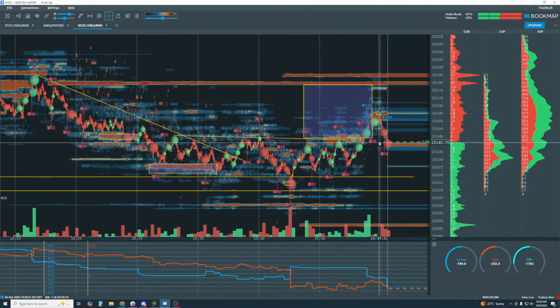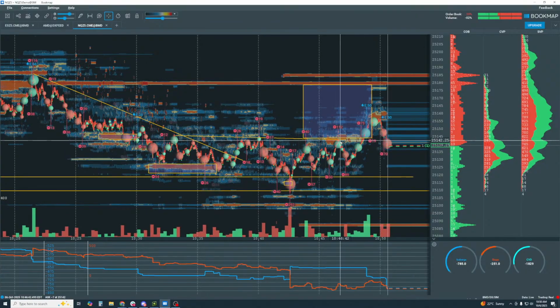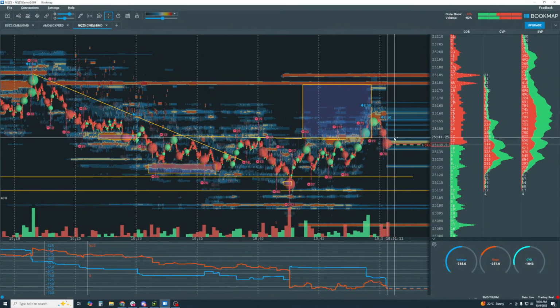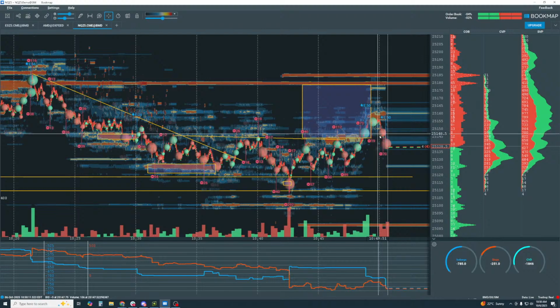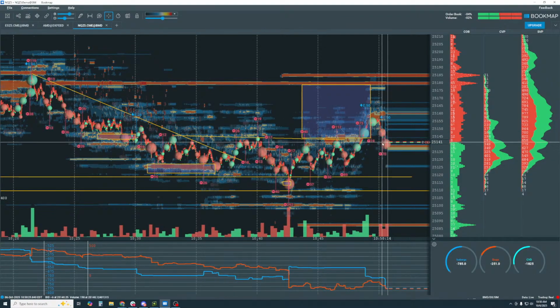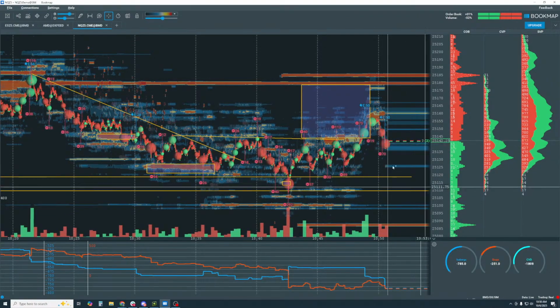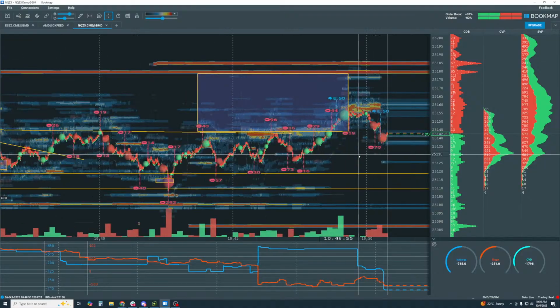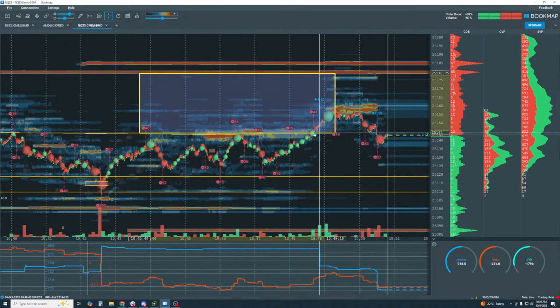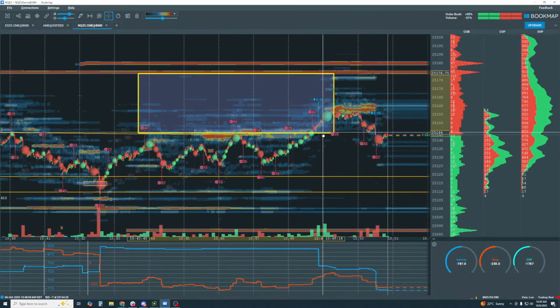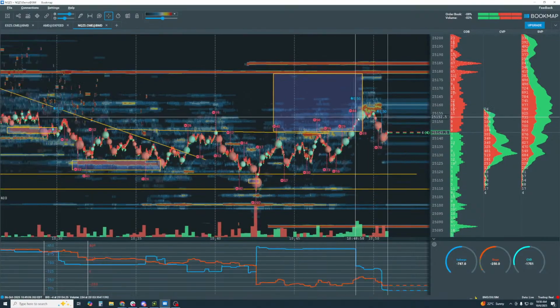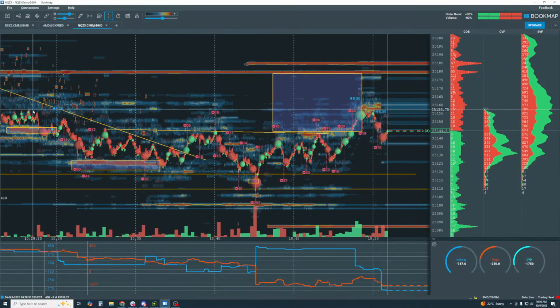Okay, so you can see this one is coming right back to retest this area here. And I'm seeing a lot of sellers now. This might fail. So yeah, I would be stopped out on this one. Because I was looking for a little bit higher here, up to this swing at 56.